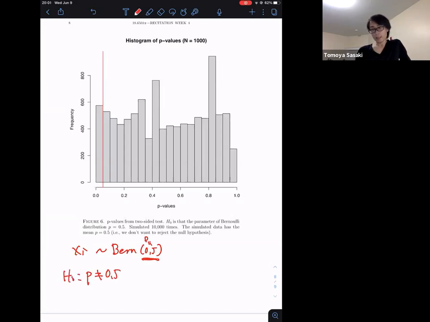What you're going to get here is that you mistakenly reject your null hypothesis almost 5 to 10% of the time. This is what we call p-hacking, which means that when you have multiple iterations of the same or similar tests, you happen to get a p-value which is smaller than 0.05. This is an example of p-hacking.